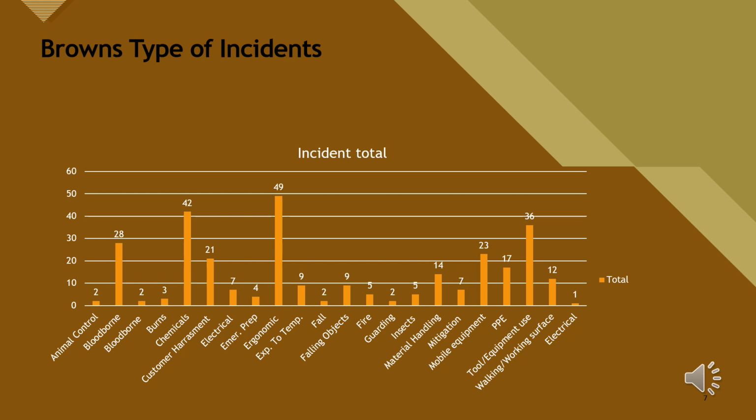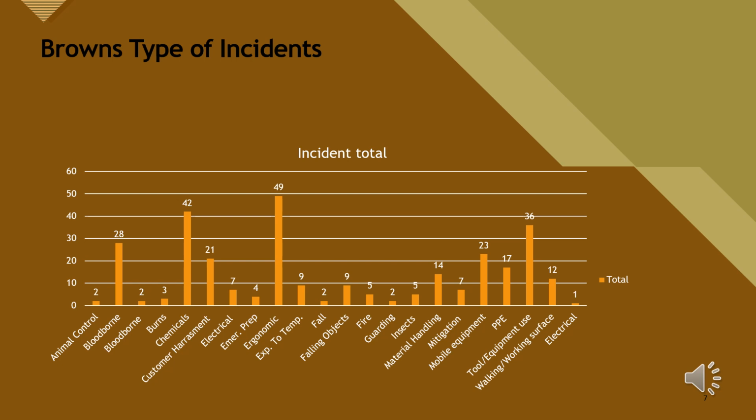There are definitely ways to decrease the ergonomic issue that Brown has. They can start with assessing the needs of their employees. You can start by rearranging their tasks. You can redirect their tasks, maybe switching their schedule so they can have certain days.